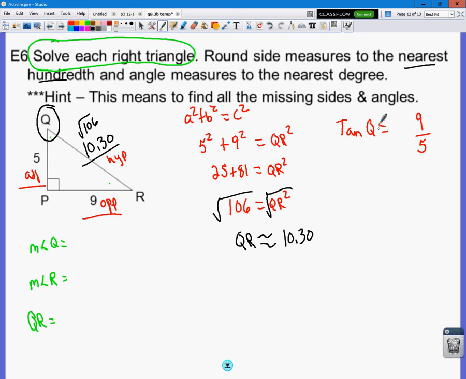To get Q by itself, I use that inverse function, giving me Q equals, this gets keyed into the calculator, and you should find out that Q is equal to 61 degrees.